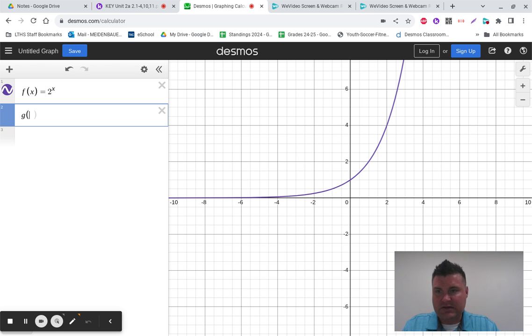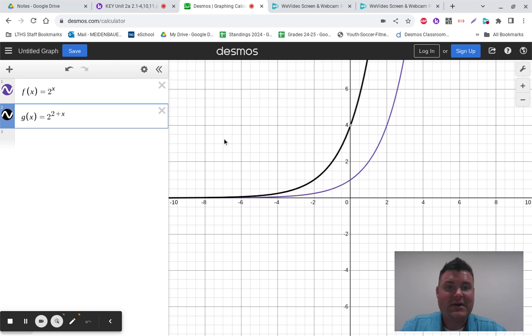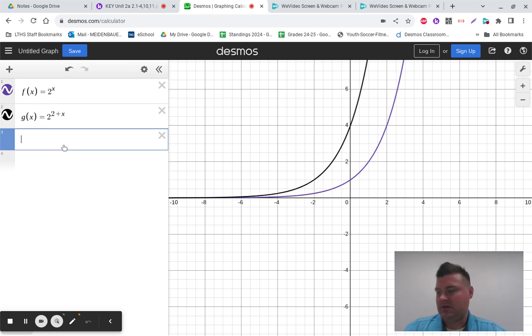We have g of x, which is going to be 2 to the x plus 2. I hate how Desmos does this, so I'm going to write it this way, it's easier for me. Why did I do 5? It should be 2. Okay, so if you notice, every single point here on purple moved left 2. We agree everything moved left 2. You can see the space in between here. Everything moved over 2 units.